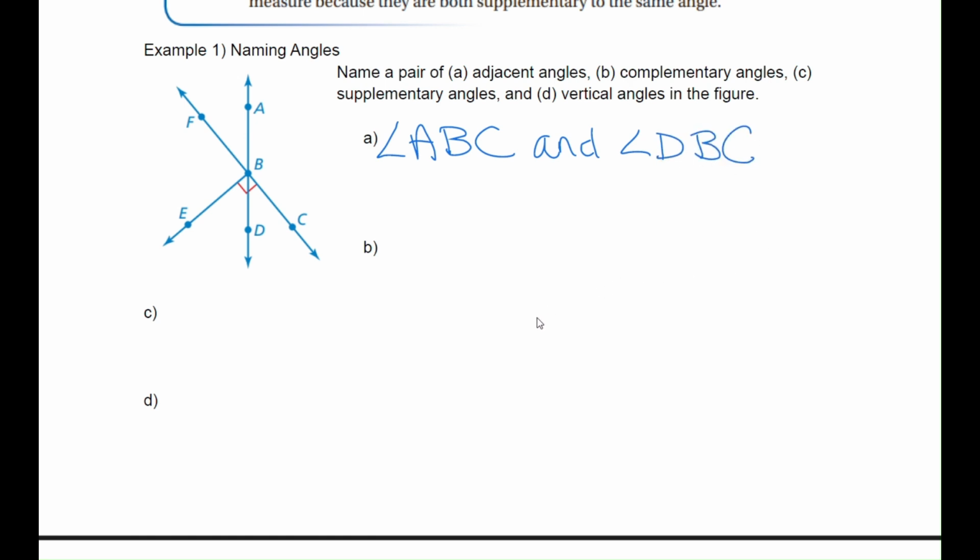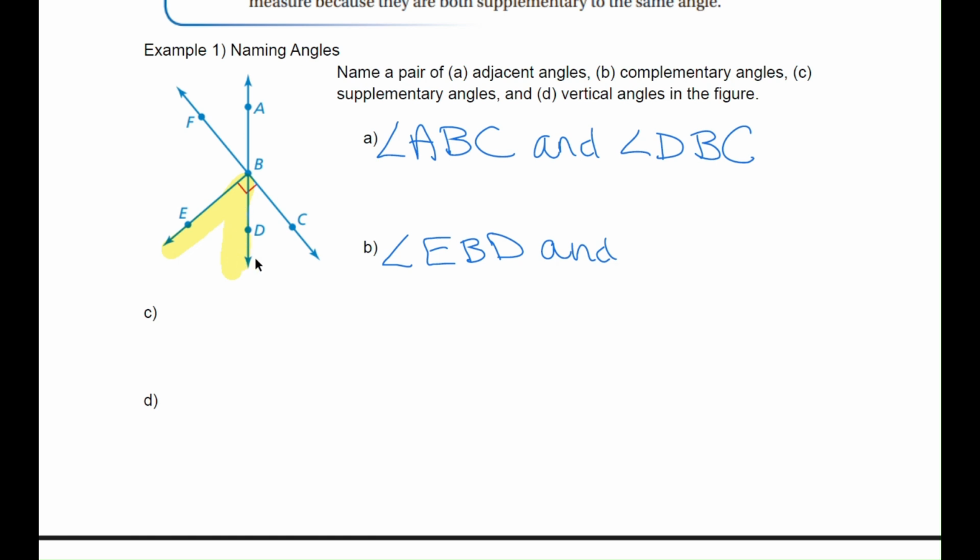The next one is complementary angles, the ones that add to be 90 degrees. Let's see, I have angle EBD, and we have to find our other angle. Let's highlight angle EBD.